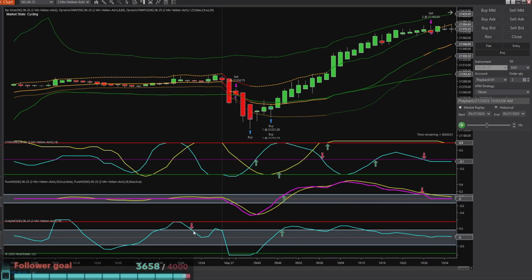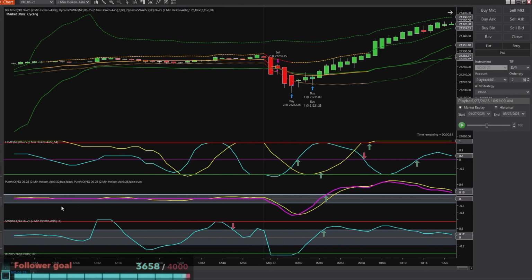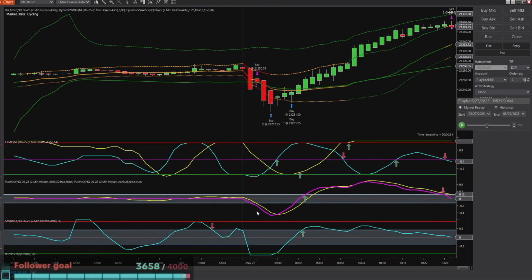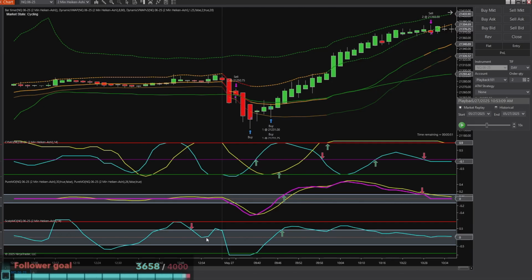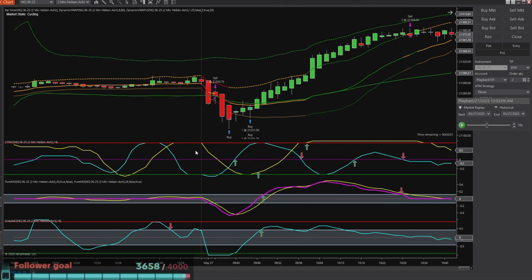You also had your scalp mode going back into cycle mode right when this went up. So you had two negatives. You had PureMO going flat on you, and it was flat for a while. There was no momentum in the market whatsoever yesterday, and you had scalp mode going back into cycle mode. So there was really not going to be any move to the upside.